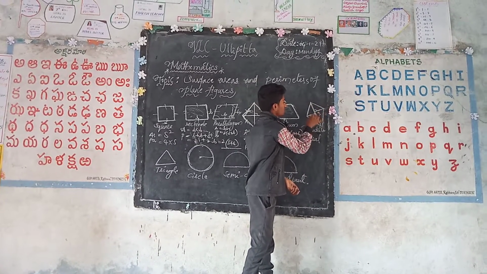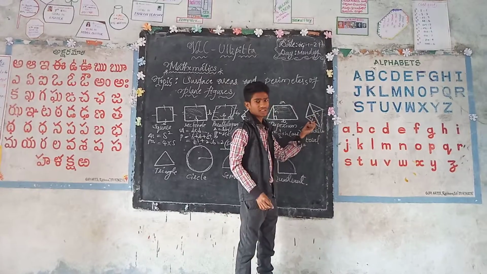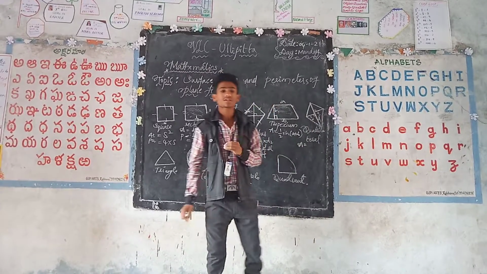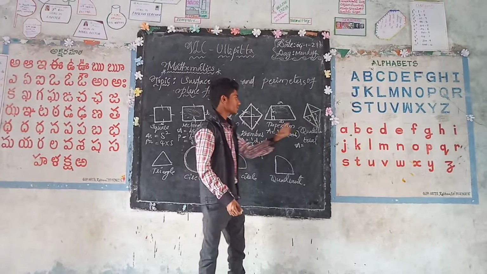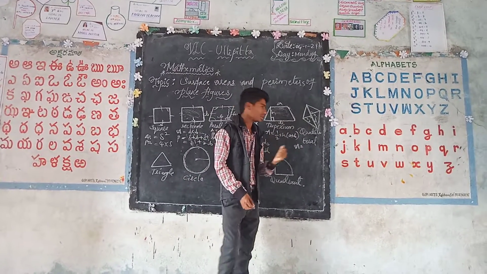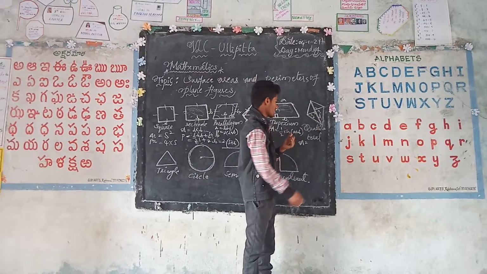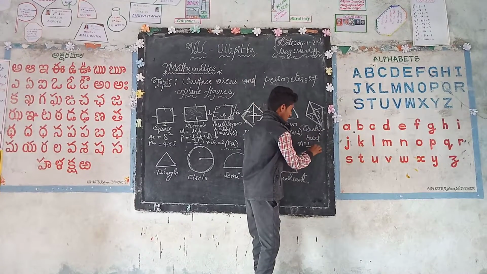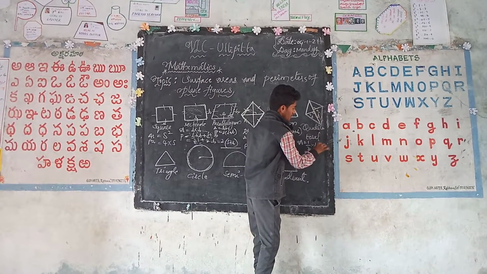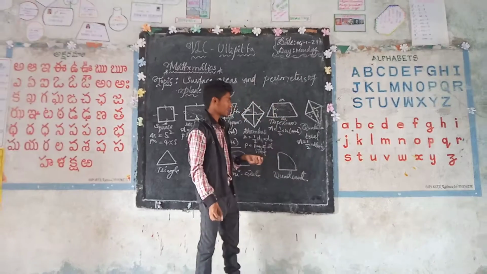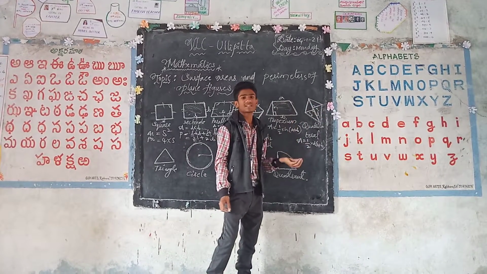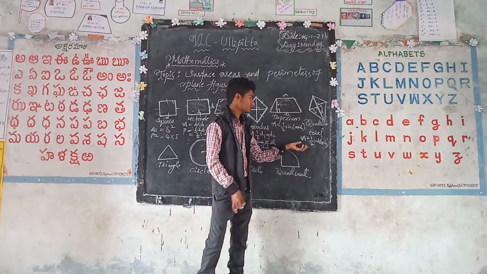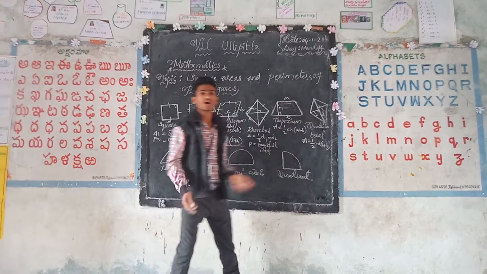This is height 1, and if we consider height 2, h1 and h2, and d is the diagonal. They will give the three measurements to find the area of the quadrilateral. So area of quadrilateral is equal to half d of h1 plus h2, like the trapezium formula. Perimeter means if you add all the sides, we can get the perimeter of the quadrilateral. After this we will discuss how this formula is derived.